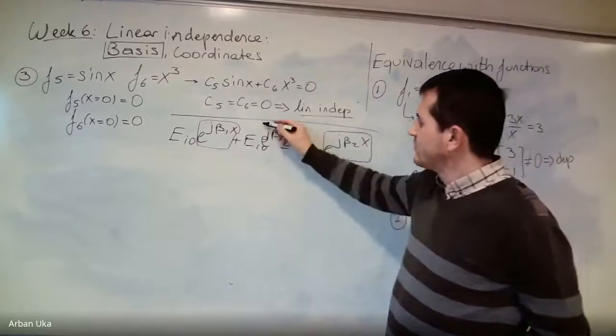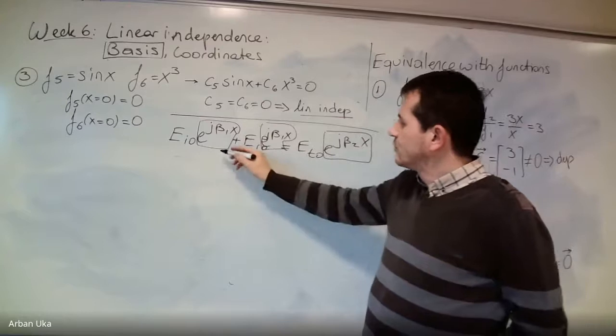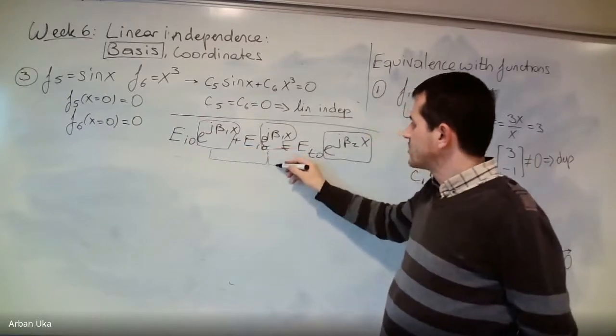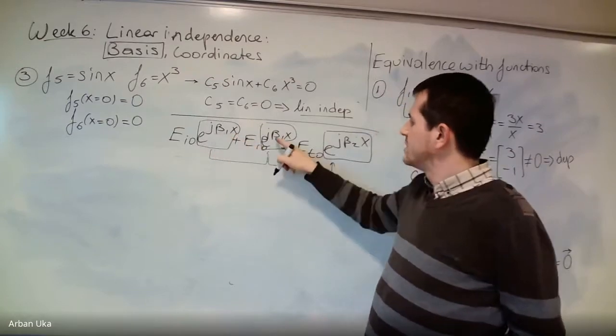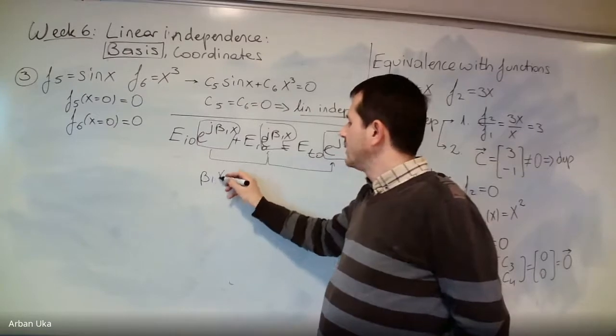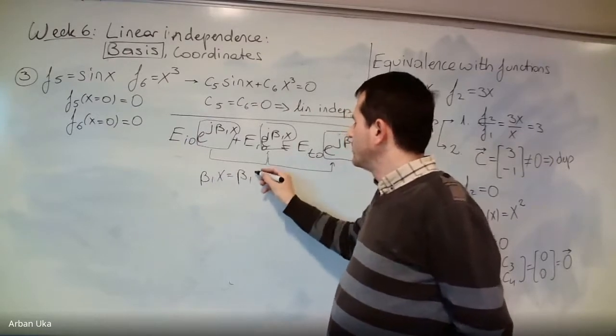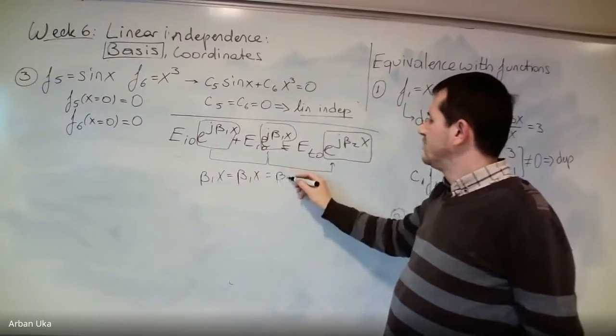So they change it so fast, and in order to have this equality always valid, what we should have is that these terms should be equal to each other. Then we can say that the exponential of this is equal to this and this. So we can say b1x is equal to b1x, actually they are on the same side. This is also equal to b2 beta 2x.